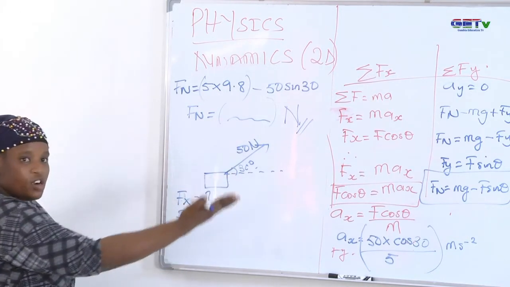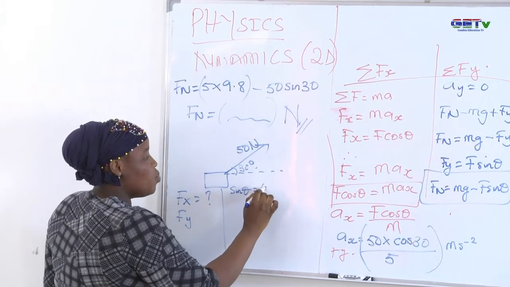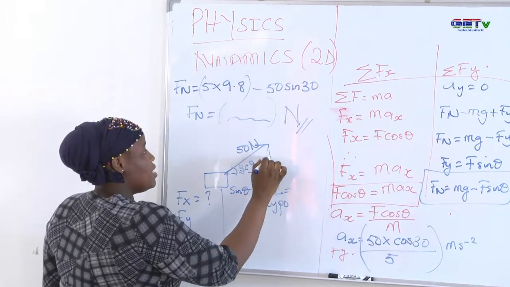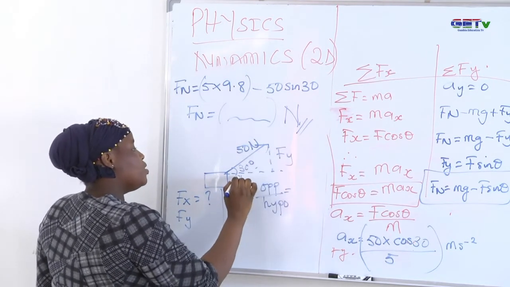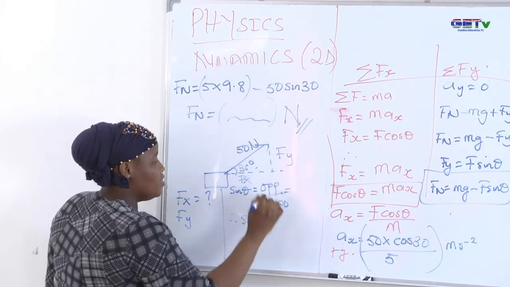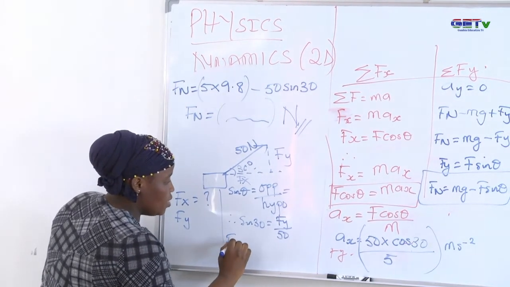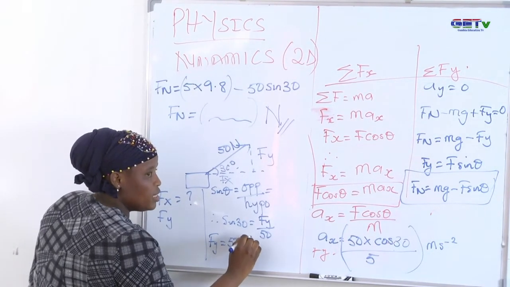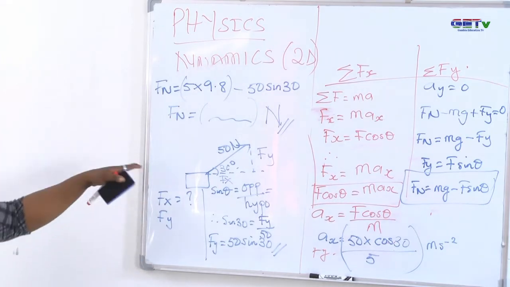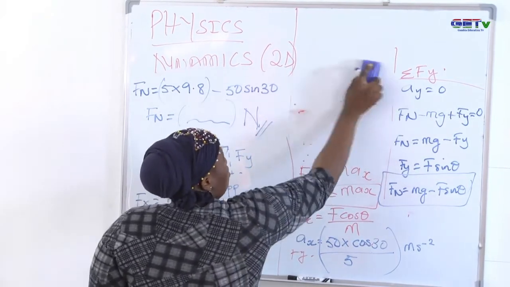If we use Pythagoras theorem, we'll be able to obtain sine theta as the opposite side all over the hypotenuse. The opposite side is fy and the hypotenuse is the force. Therefore, sine 30 will be equivalent to fy all over 50, and this gives us fy equals 50 sine 30. And that will be your vertical component of this force. The same thing applies if we are required to solve for the horizontal component.